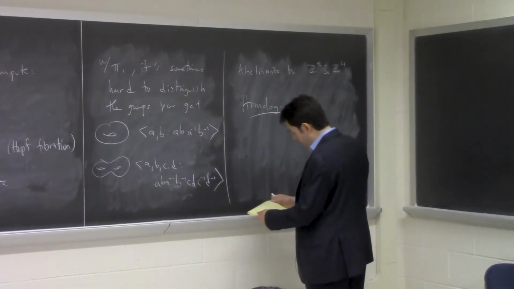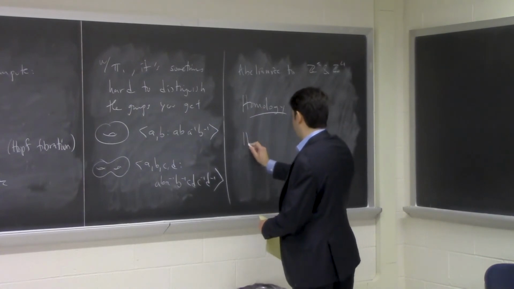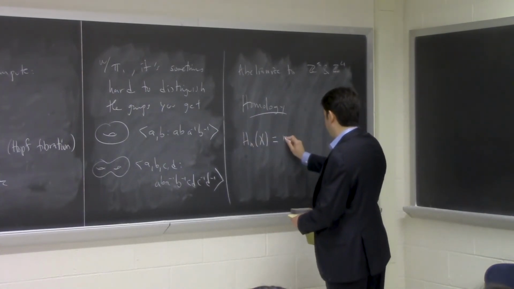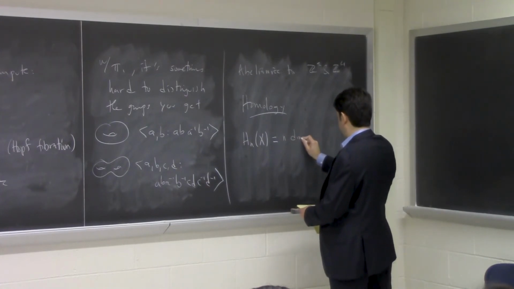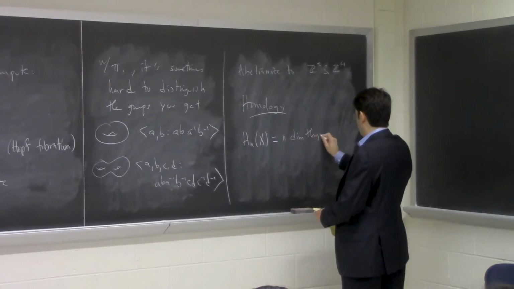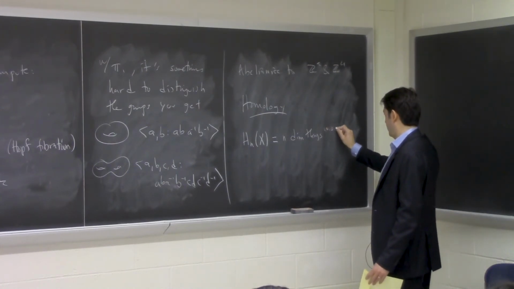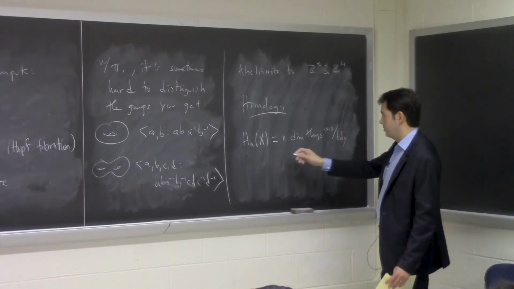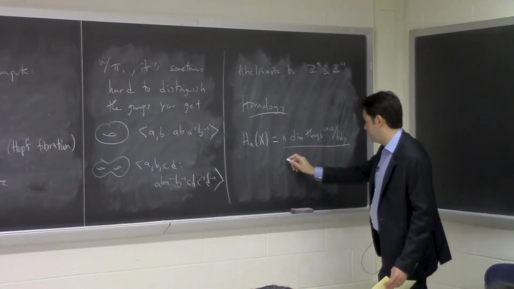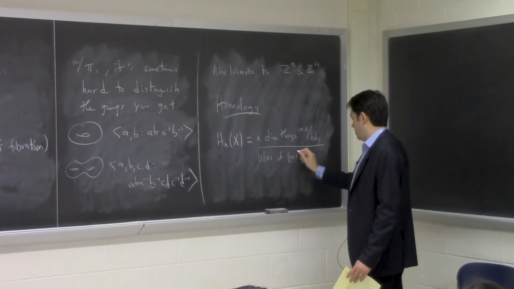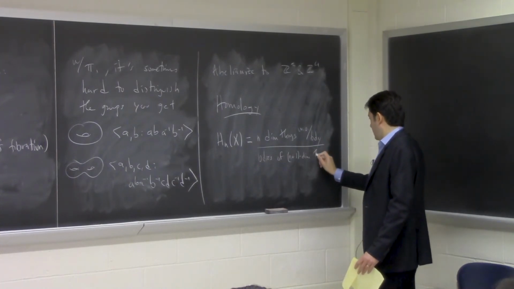And again, we mentioned this in the first class when we were talking about the history. This is going to be n-dimensional things without boundary sitting inside X, where you mod out by boundaries of n plus 1 dimensional things.